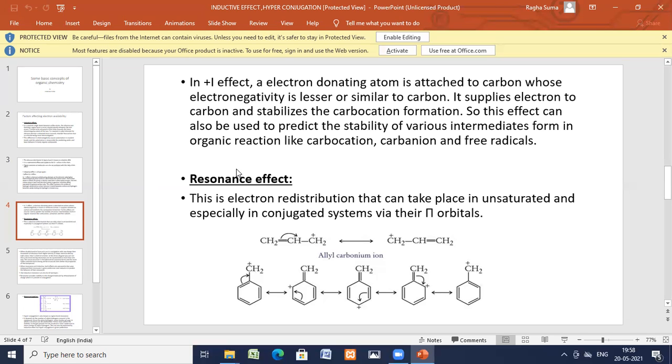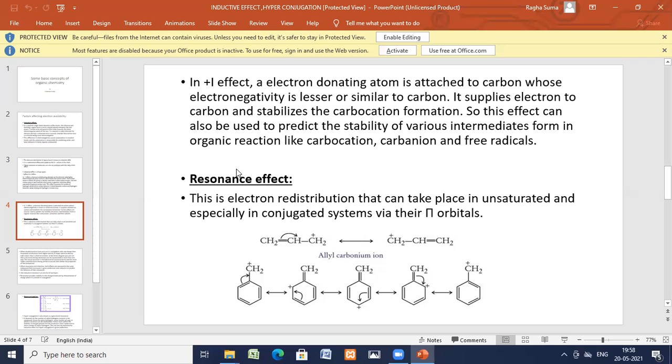I'm repeating, the acidity of the carboxylic acids can be explained by this inductive effect. Now, an acid RCOOH is a proton donor, so it acts as an acid. For an acid, if a minus I group, an electron withdrawing group, is attached, acidity will increase because electron density decreases and H plus ion is lost.